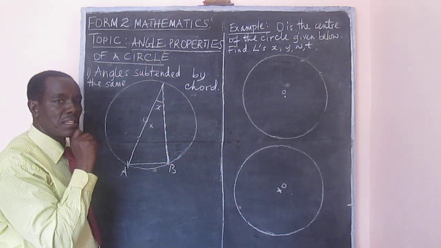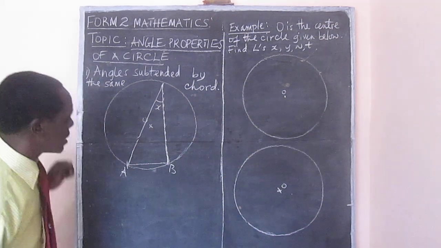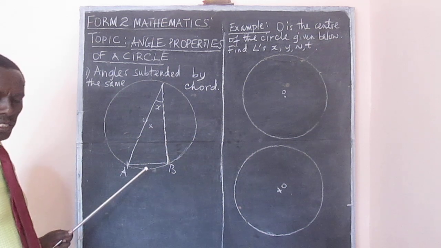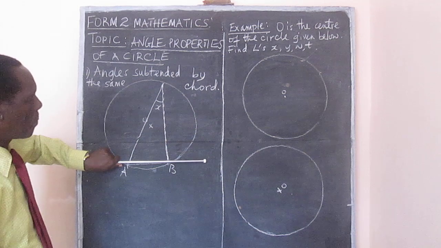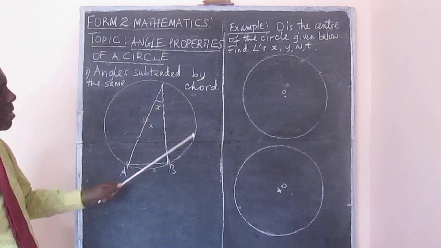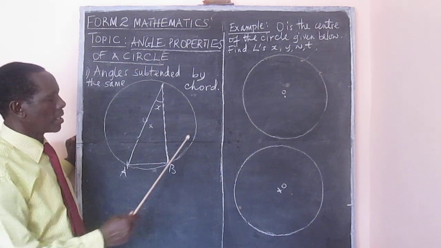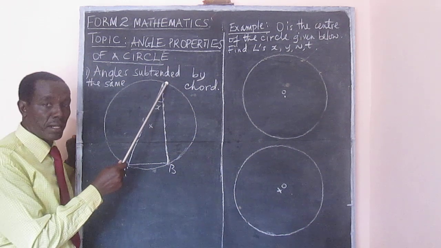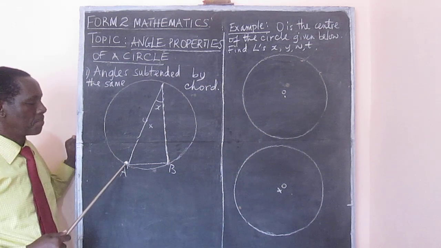Now, when we say the same part of the circumference, you see that the chord AB divides the circle into 2 parts. There is the upper part, where you go this way, up to B. We call that the major arc. So there is the angle subtended in the major arc on that part of the circumference.